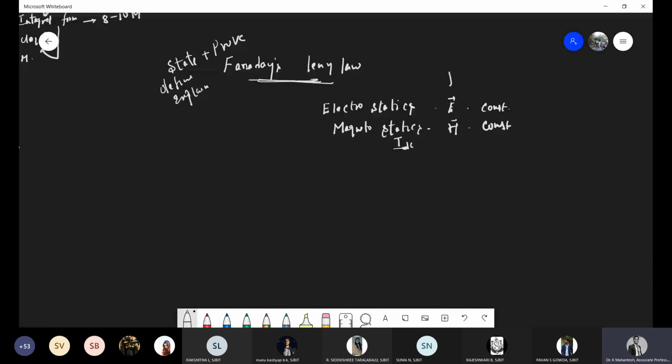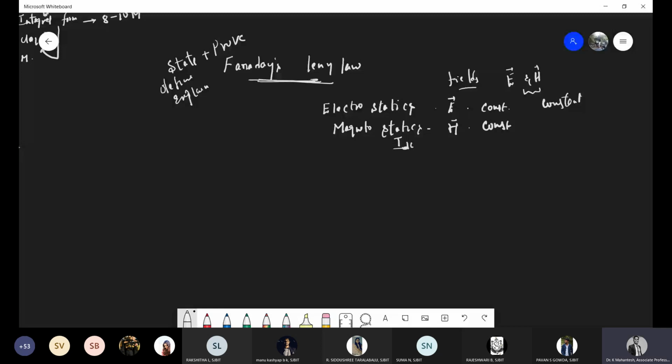So here the fields, which were electric field and magnetic field, both were constant. But as the name gives, now the magnetic field or electric field are varying.